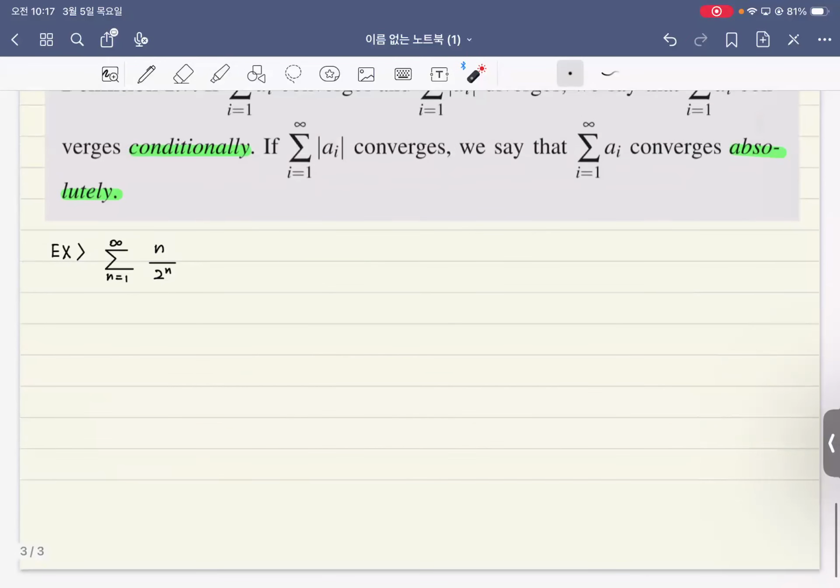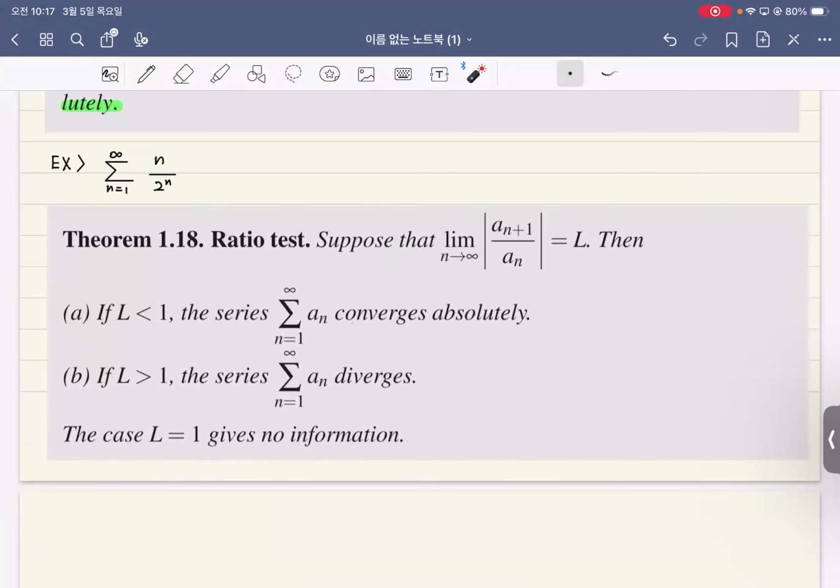Sorry, I am running out of space. All right, so this is the ratio test.